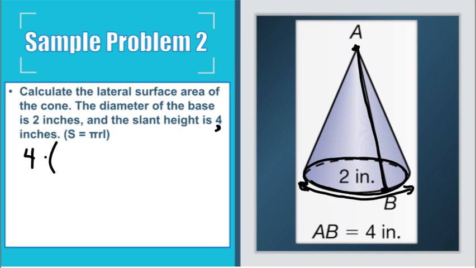So circumference of a circle would be 2 pi r, or you could do pi times the diameter. Since they have diameter in here, we'll just use the diameter, so 2 pi.